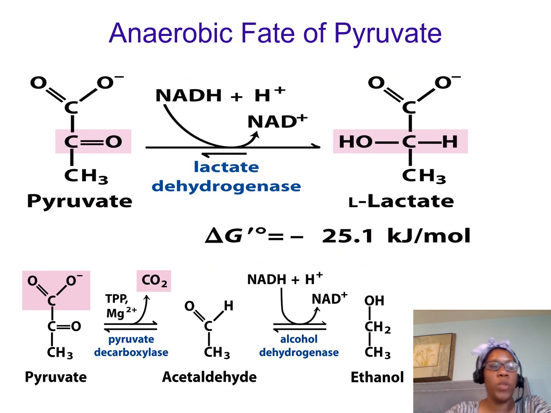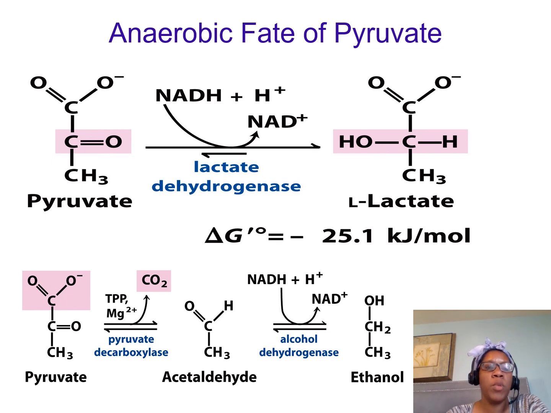Remember that after we've created pyruvate, we can actually go through fermentation or cellular respiration. It's called fermentation in the absence of oxygen. The whole process of glycolysis all the way up to the formation of lactate is sometimes called fermentation. It means under anaerobic conditions, without oxygen.